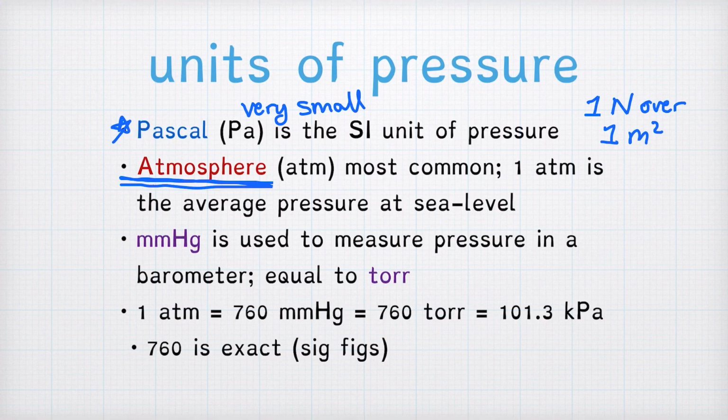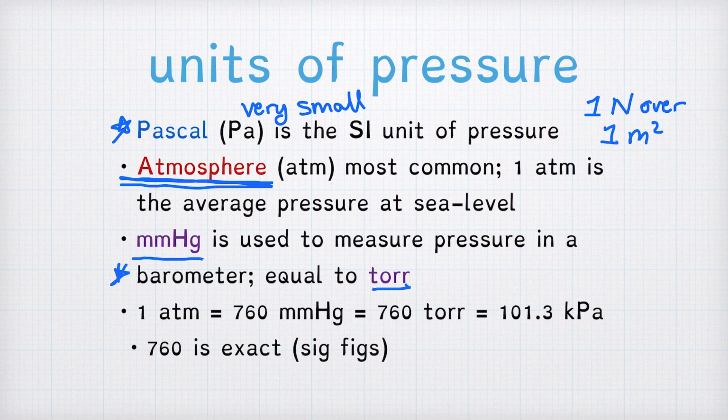Two other common units that you'll come across are millimeters mercury and torr. Torr and millimeters mercury are numerically equal to each other. They're just two names for the same unit. And they're typically the units that are used when you're measuring pressure in a barometer.